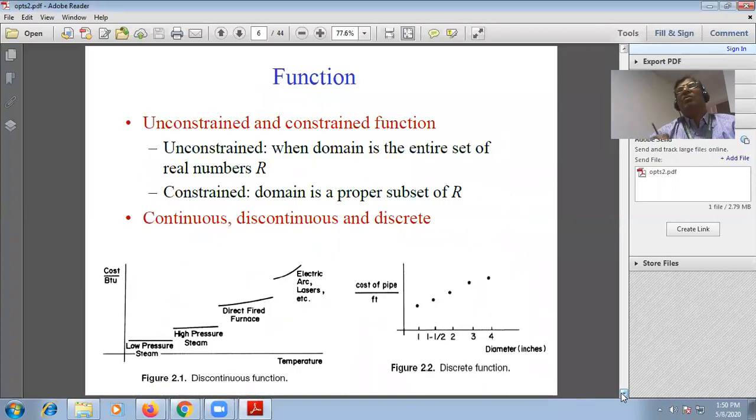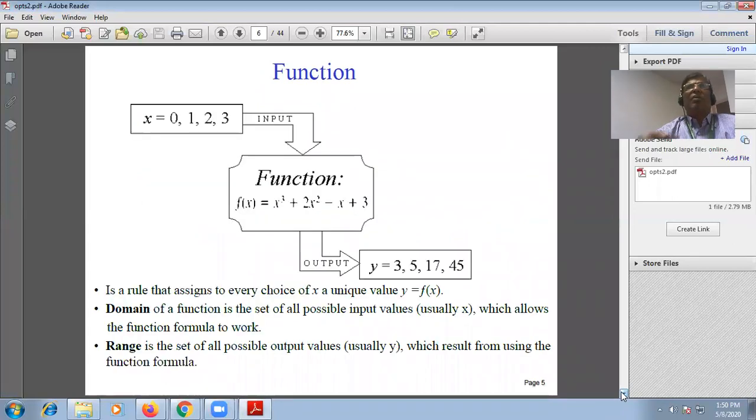So to go through the scope of one variable optimization problem, see if you are giving input as x is equal to 0, 1, 2, 3 to this function. This is a single variable function, f(x) is equal to x cube plus 2x square minus x plus 3.